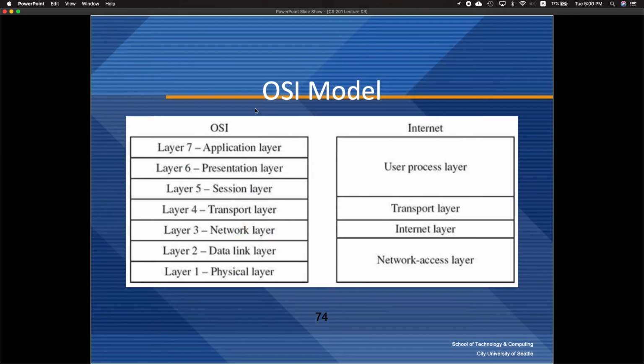So to recap, let's say you interact with Facebook and send a message to your friend. It will go from the application layer down to the physical layer. Then on your friend's side, it goes from the physical layer up to the application layer. Then your friend sees the message.